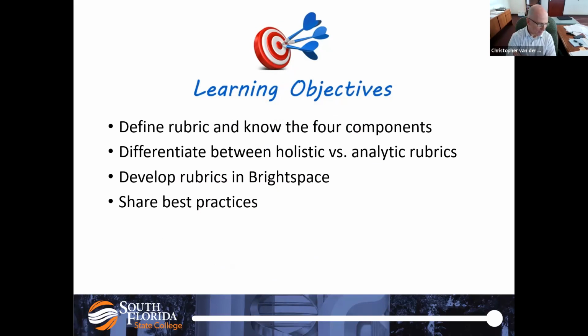There are three types of rubrics: single point, holistic and analytic, but we're going to talk about the holistic and analytic rubrics. This should be enough information for you to go back and hopefully develop your own rubrics, or strengthen what you're doing, or share what you are doing right now with others so they can develop effective rubrics.